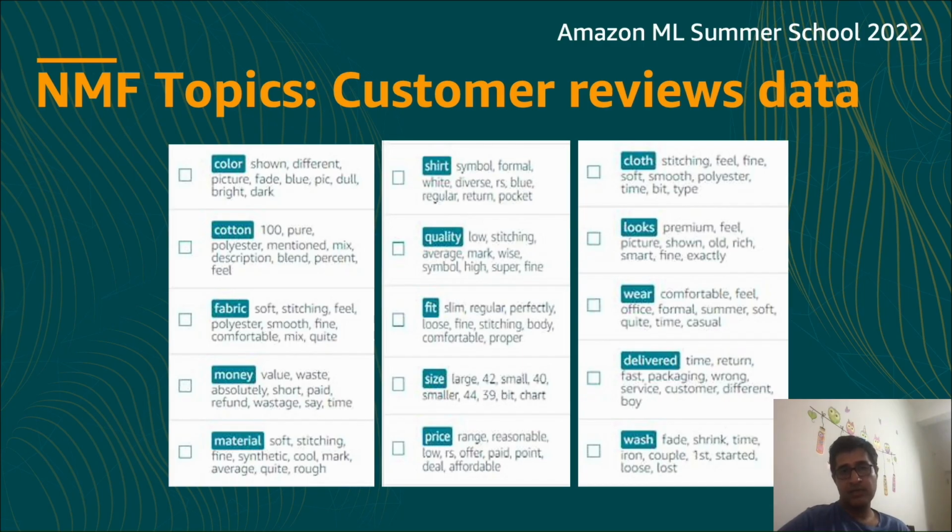Is it polyester? And so on and so forth, right? And within these topics themselves, you can try and figure out what are the weights for these individual terms within the topics, right? So that gives you an idea of how you could use non-negative matrix factorization to realize what your customers are talking about in reviews, right?